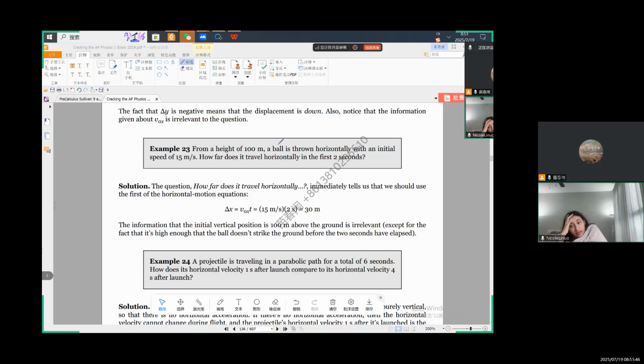Oh, it's constant velocity. You don't do much about this, right? So it's still the same. Wait, if it is still the same, how does the horizontal velocity compare after 1 second? Just the same, right?